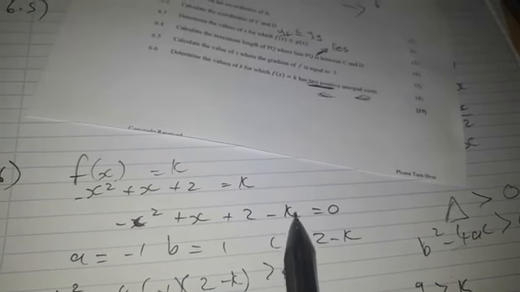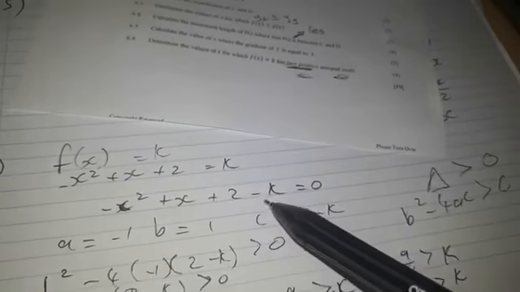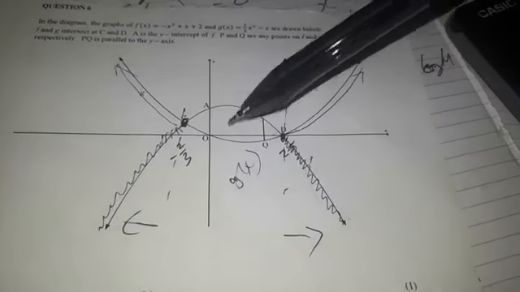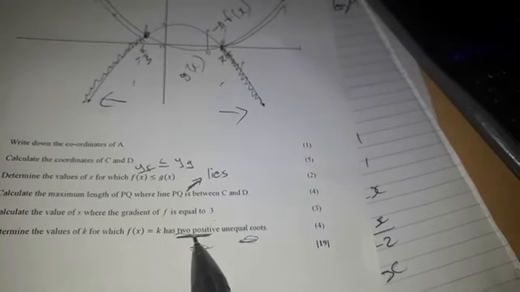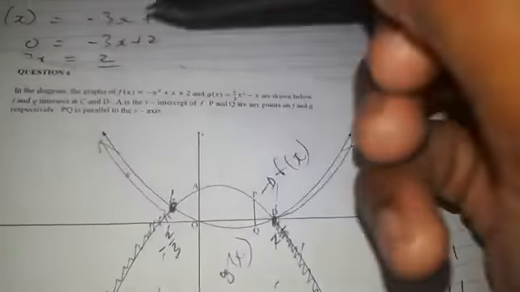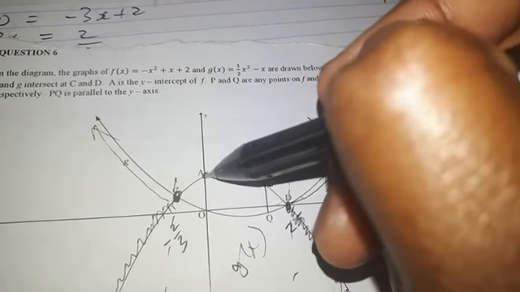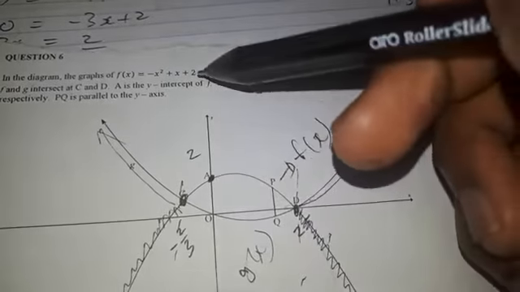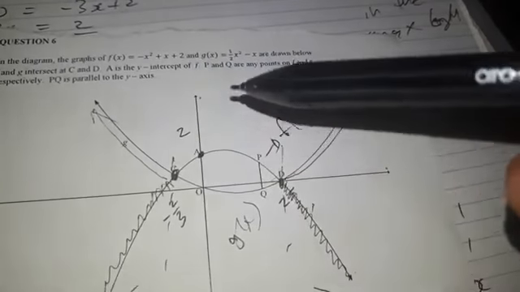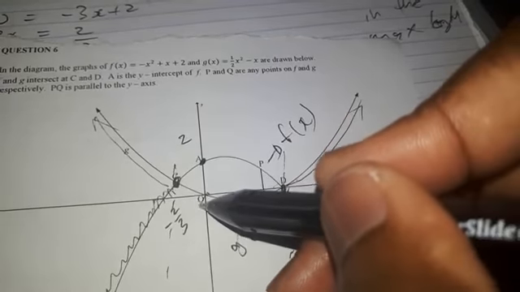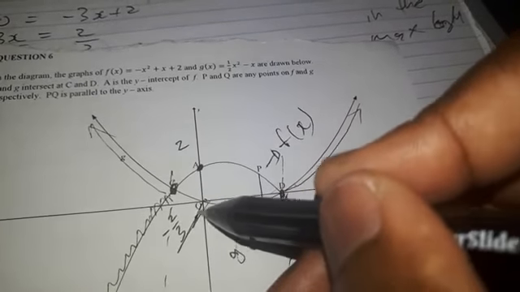You see, we're minusing a value here. So whatever k is, we need to work out how many units downwards we can move our graph until it has two positive roots that are not equal to each other. Firstly, this value here is equal to positive 2. Now, if you move your graph a minimum of 2 units downwards, it's going to look something like this.